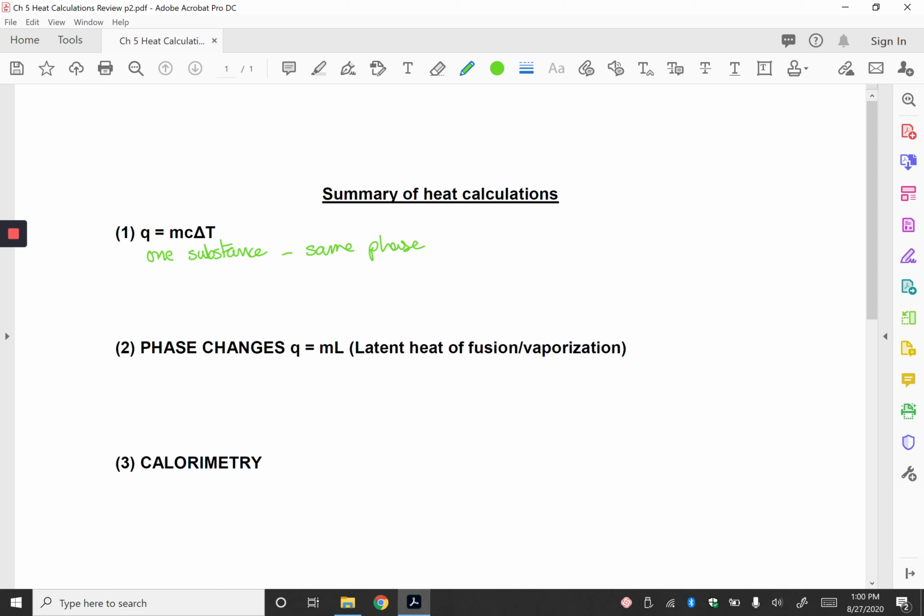And usually you are given 3 of the 4 variables. So out of these 4 variables, you're given 3. You're trying to find the 4th one. The units that you end up with are joules for Q.